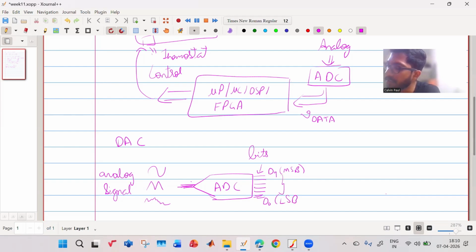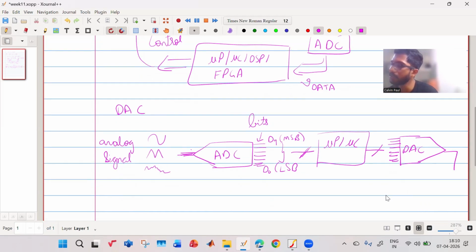These bits we represent like this. This means there is not only one signal, there are multiple digital signals. Then you have your microprocessor, microcontroller, or some digital platform that will send another set of bits, which goes to your DAC here.